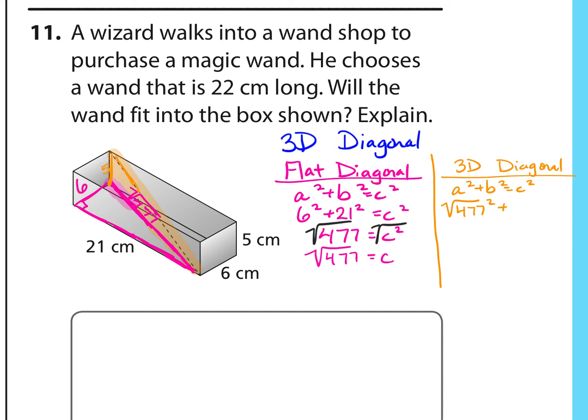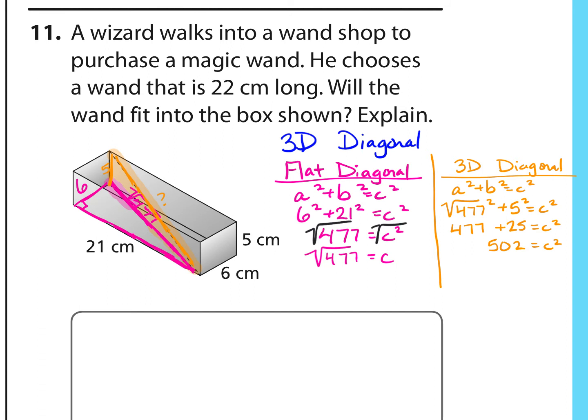And what we don't know is the three-dimensional diagonal that we're looking for. So that's our unknown. We're just plugging in what we know and solving for c. Square root of 477 squared is 477, plus 5 squared is 25. We add those to get 502.